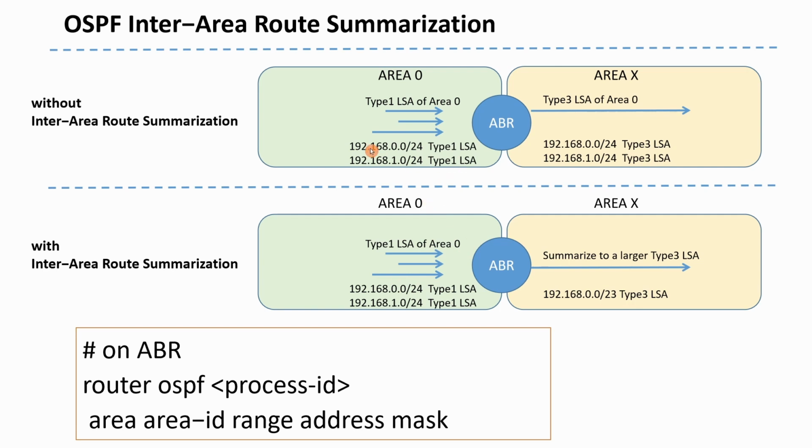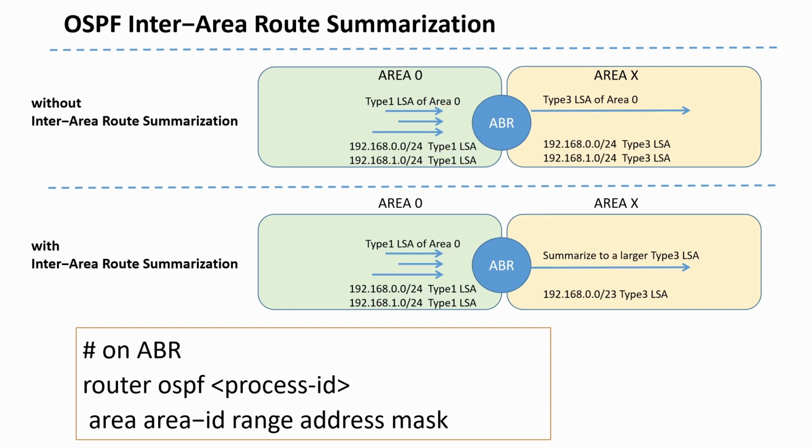Just like the diagram shows at the top, without inter-area route summarization. For instance, this is area 0, and on the other side is area X, with the ABR routers in between. Inside area 0, there is a Type 1 LSA.